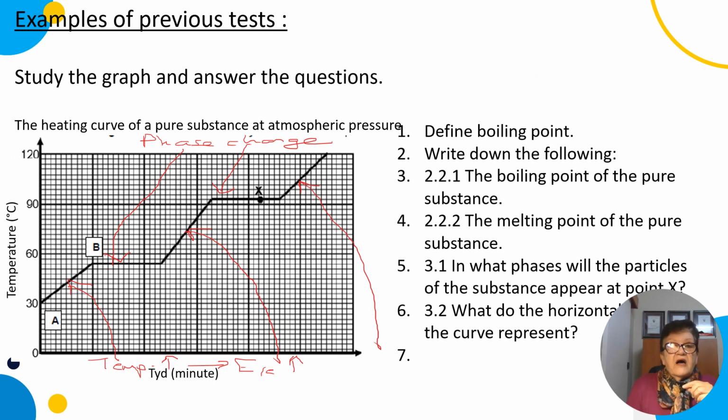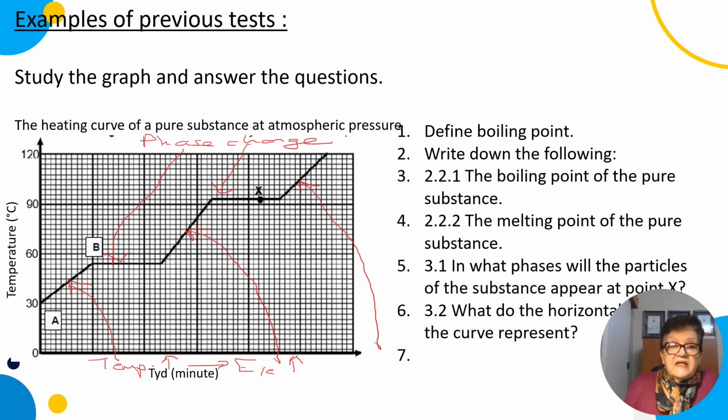Right, here we have a graph. It is a heating curve graph because there's a rise from the left to the right. And every time that there's an increase in the temperature, that is where the kinetic energy is increasing. So increase in temperature goes with increase in kinetic energy.